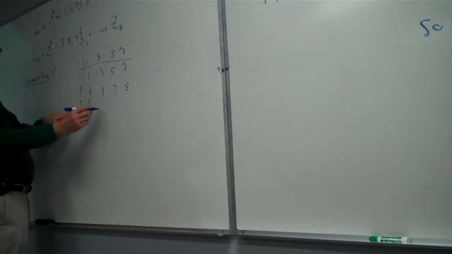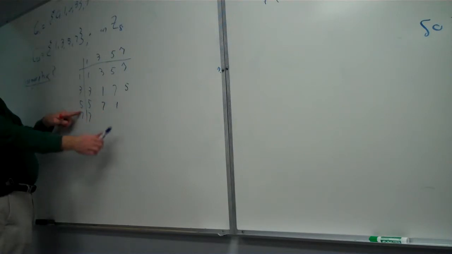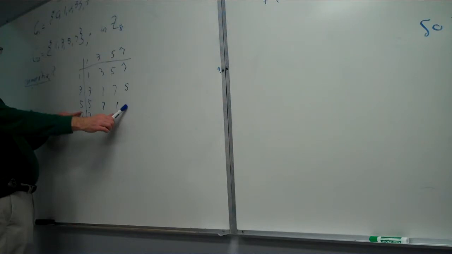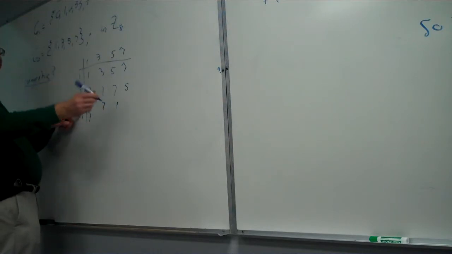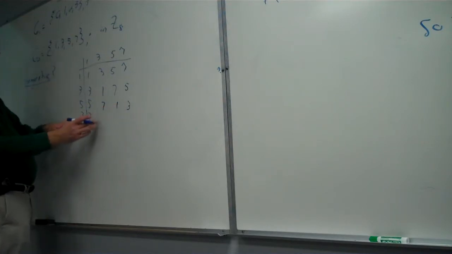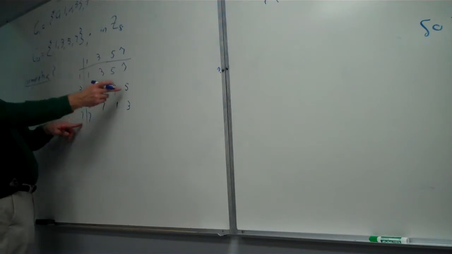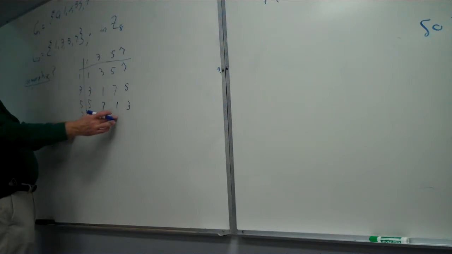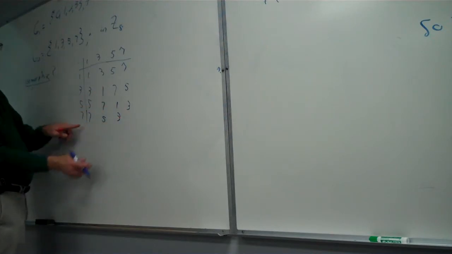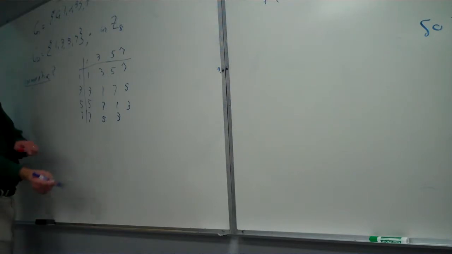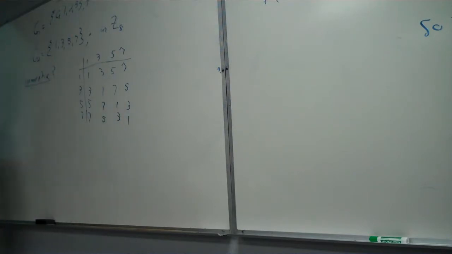And so 5 times 3 is 7. 5 times 5, is that 1? 5 times 7 is 35. Is it 3? So I think this is commutative. So 7 times 3 is the same as 3 times 7 was. 7 times 5. What's 7 times 7? 1. All right.